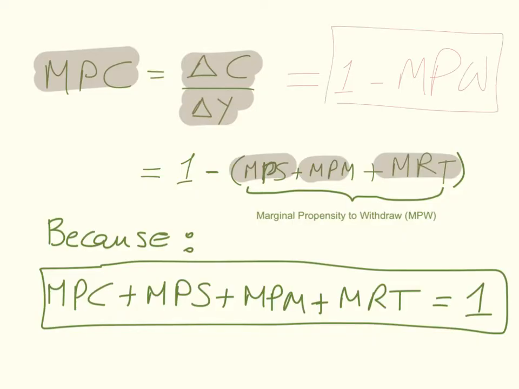After you take away the percentage that will be saved, spent on imports, and taxed, this leaves you with how much of that increase in income will be spent on consumption. Remember, the MPC plus the MPS plus the MPM plus the MRT must add up to 1.